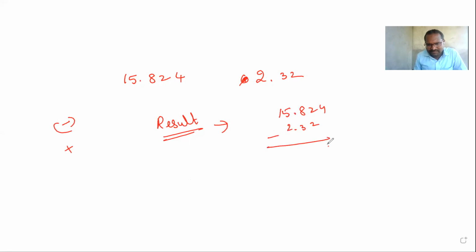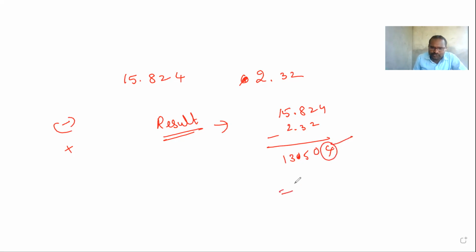If you subtract, the result will be 13.504. But your answer should have only 2 decimal places, so this 4 we should drop.